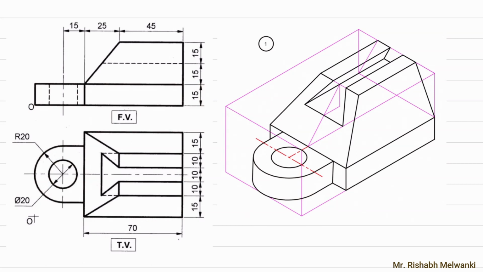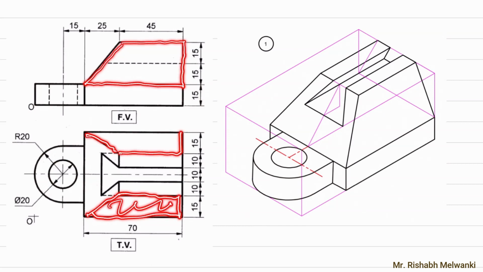Next, here you can see this portion. This portion can be traced over here if you take the projection. This is that portion. Same way this will also be that portion. If you take the projections, you will be able to understand this.